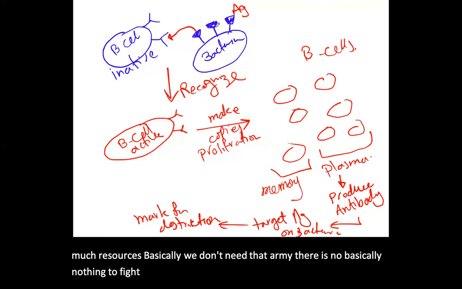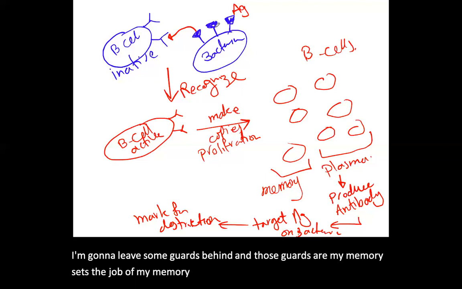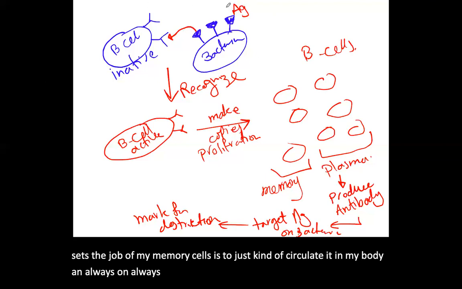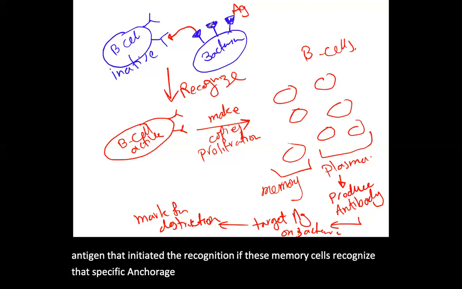However, what your body is going to say is, I'm going to leave some guards behind. And those guards are my memory cells. The job of my memory cells is to just circulate in my body and always look for a bacteria that has this specific type of antigen that initiated the recognition. If these memory cells recognize that specific antigen, they're going to send a signal.